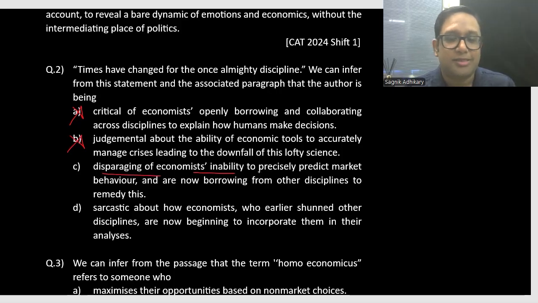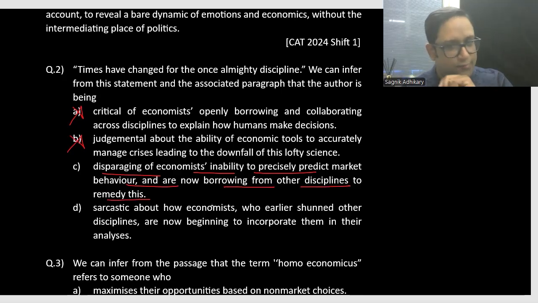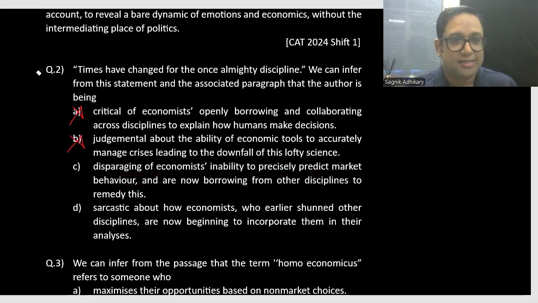C says disparaging of economists' inability to precisely predict market behavior and are now borrowing from other disciplines to remedy this. Borrowing from other disciplines, yes, somewhat close, but it's not because they want to remedy this situation that they are unable to precisely predict market behavior. So we find that C is also incorrect. We can rule it out.